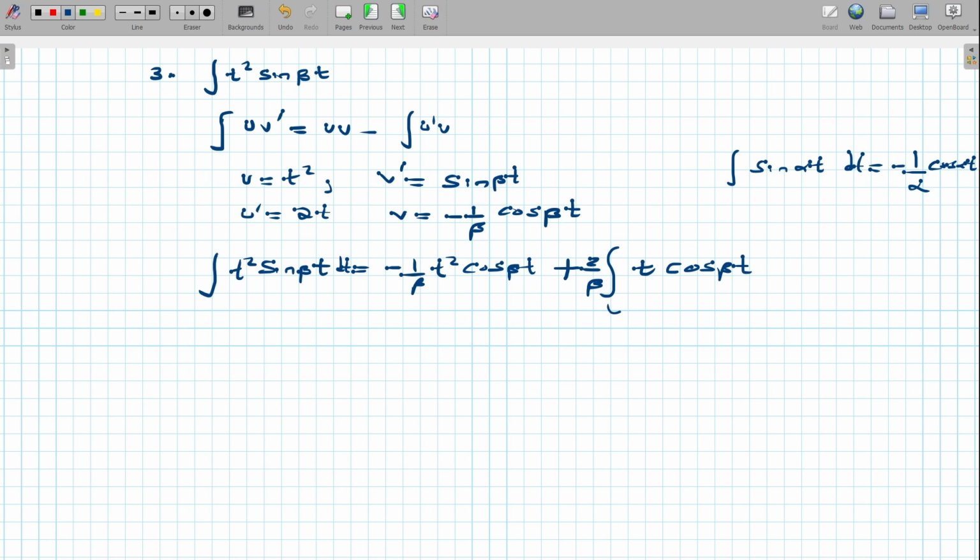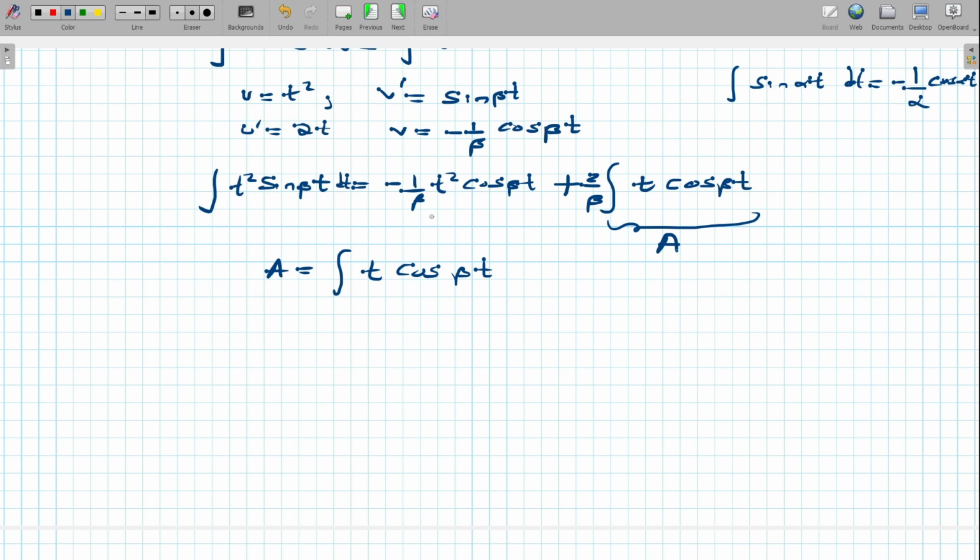So here we are supposed to apply another integration by parts. Before we simplify things here, I'm going to call this a, and then I'm going to evaluate. Then a here is equal to the integral of t cosine beta t like so. And then of course here we're supposed to do the same thing. We're supposed to choose our u and our v prime.